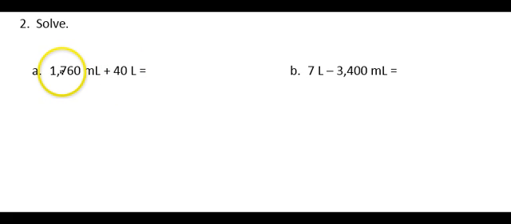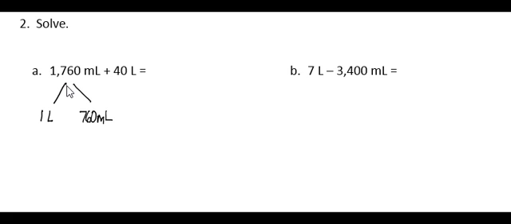I know that it takes 1,000 milliliters to equal 1 liter, so I'm going to use a number bond to break this apart. I can think of this as 1 liter, because that's 1,000 milliliters, and 760 milliliters. Same value here.